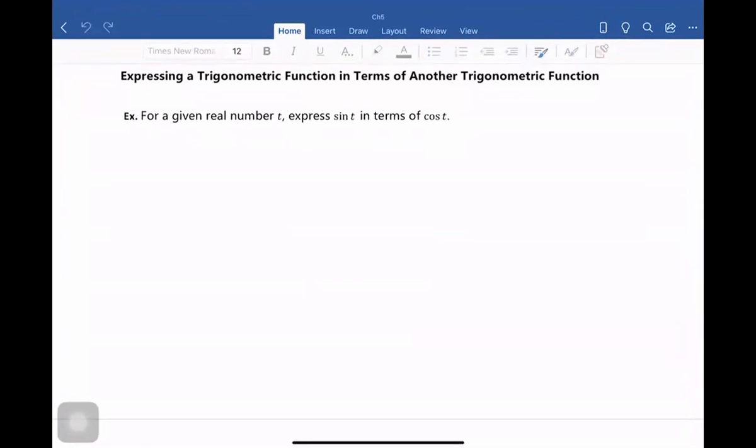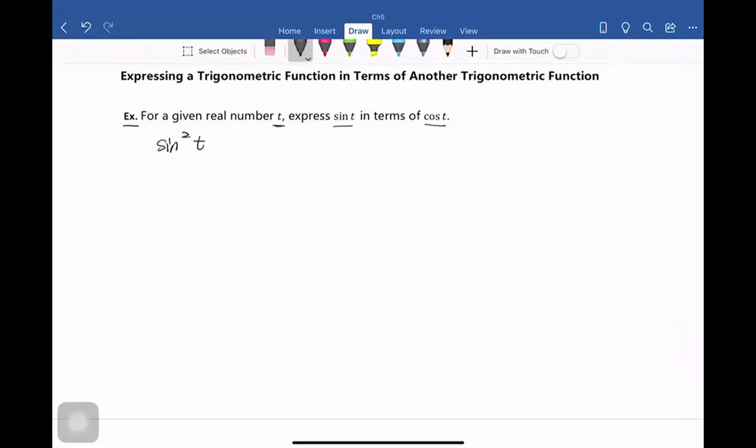Expressing a trig function in terms of another trigonometric function. Actually, we learned this before. We use the identities to express this. If they give us an example, for a given real number t, express sine t in terms of cosine t, we have learned sine t squared plus cosine t squared equals 1.